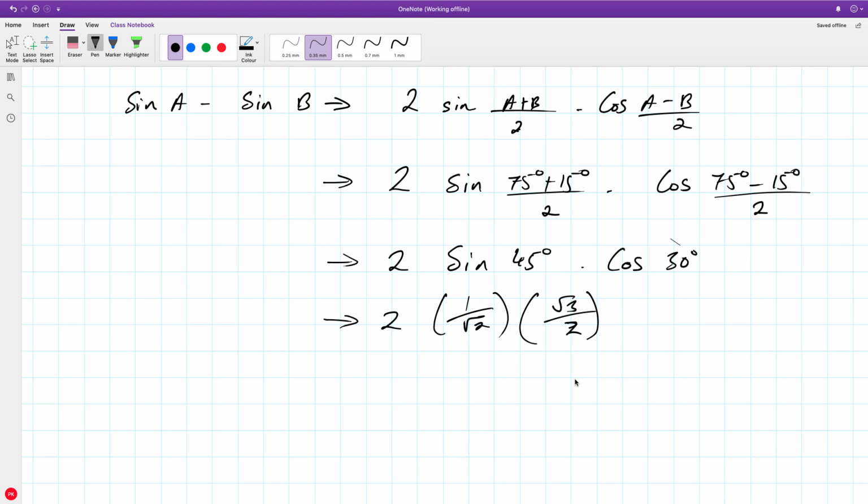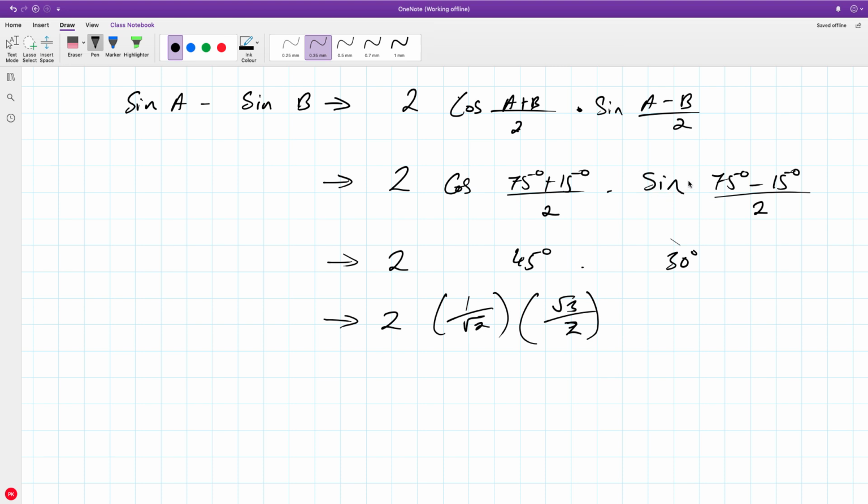Did I use the wrong formula? No, just swap the sine and the cos. So it's 2 cos A plus B over 2. Sorry, sine A minus 2 cos. Oh, 2 cos. And then sine. Yeah, thanks very much. I read the wrong formula off the book.